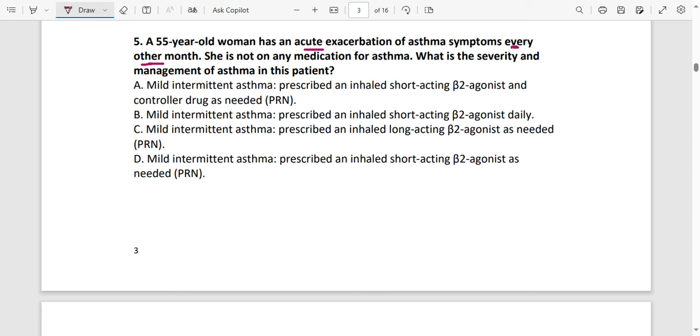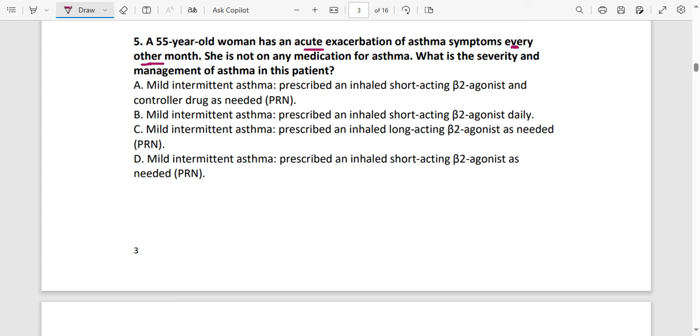If you have got less than 2 times of the asthmatic attacks per week, that is mild intermittent. Hope we get that right. So which one can we say? You can see there is acute exacerbation of asthma symptoms every other month. This is every other month, not every 1 to 2 months.